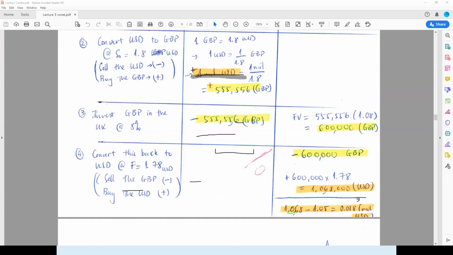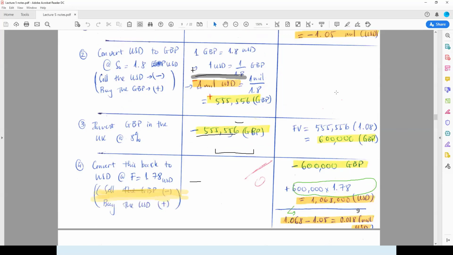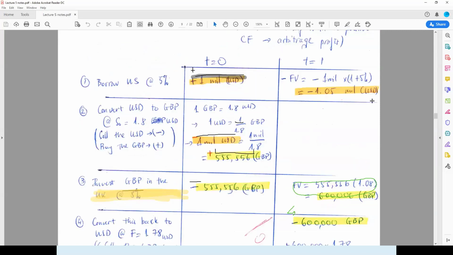Okay, so after this step, if I want to calculate my arbitrage profit, I would take how much USD I got from the fourth step. I will minus it with the USD liability that I saw from the first step. Remember from the first step, when we started, we said that in the future, in 1 year's time, we need to pay our lenders the future value, okay?